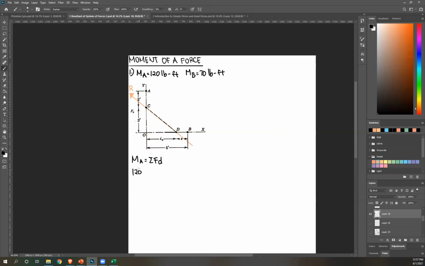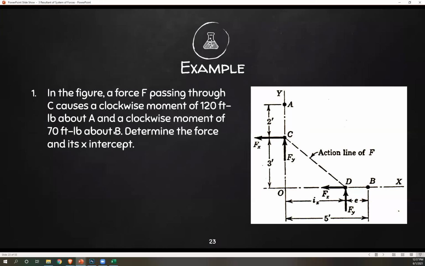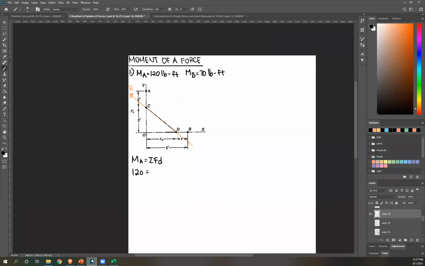Now we need to get Fd. The only force here is this, which is just F. And then the perpendicular distance about A is this distance, right? Once again, to get that distance, it's a bit tedious.